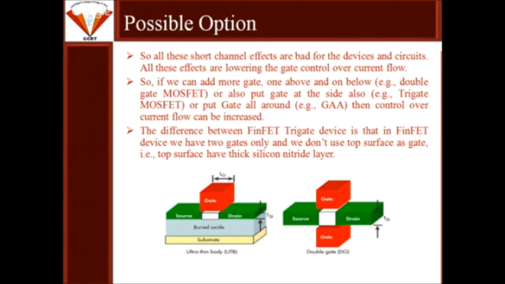The difference between FinFET and tri-gate devices is that in a FinFET device we have only 2 gates and we don't use the top surface as a gate. The top surface has a thin silicon nitride layer, so from the top there is no effect on the channel, but from the sides only. While in tri-gate devices there is control from 3 sides of the channel.